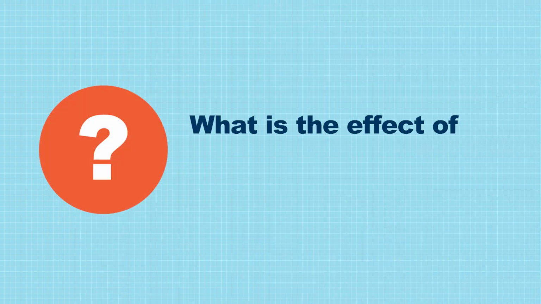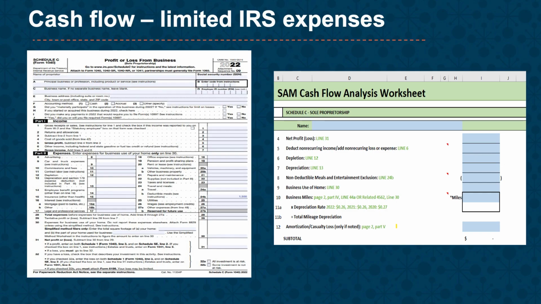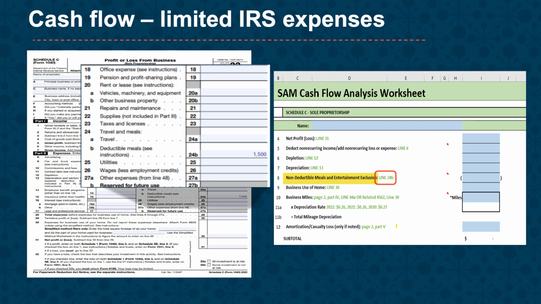What is the effect of IRS limited expenses on cash flowing? Again, the worksheet will be our guide. In our example of Schedule C, it indicates in the green font to look on line 24B. We see that the borrower claimed meals of $1,500.